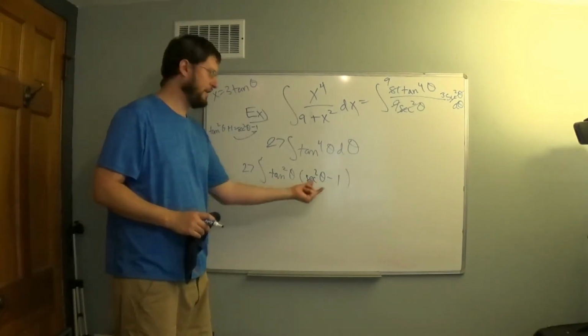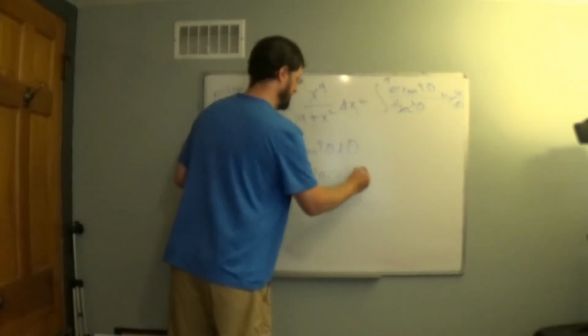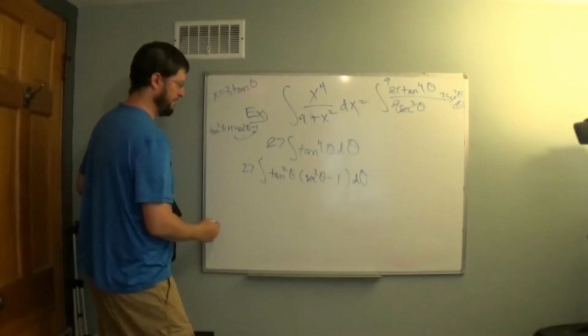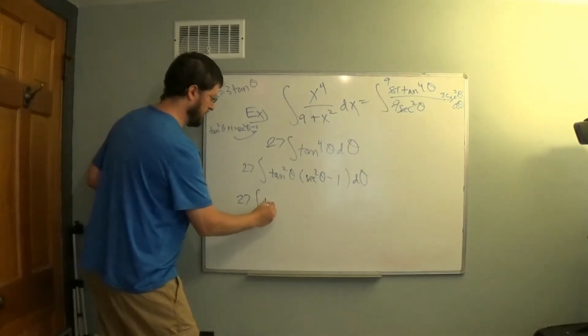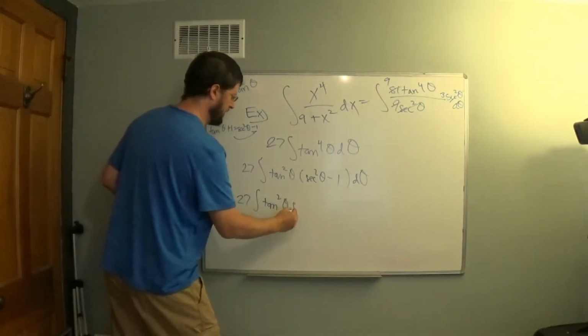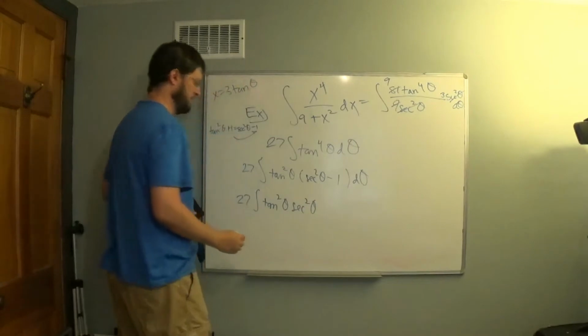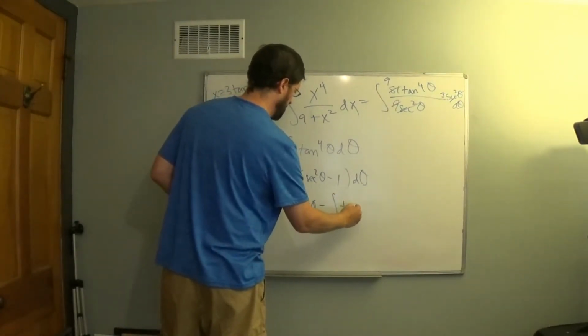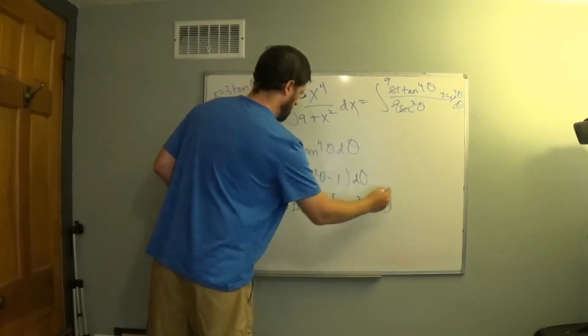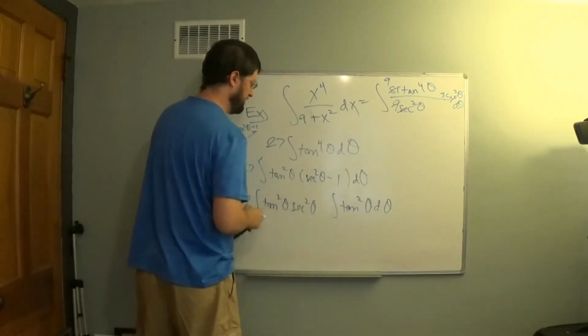Right, so that's tan squared, that's tan squared. And so that's 27 times the integral of tan squared theta secant squared theta minus the integral of tan squared theta when I distribute that in.